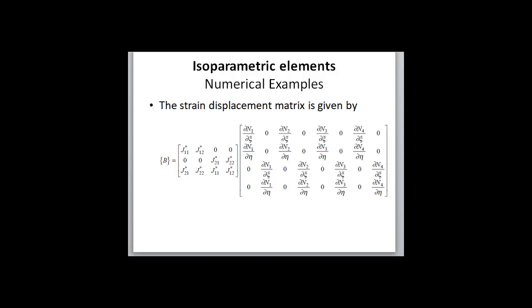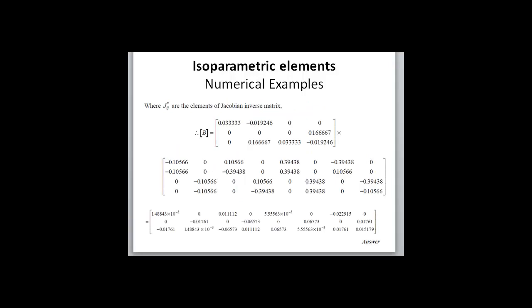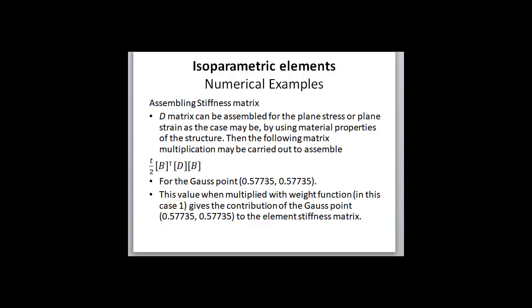Then the strain displacement matrix is given in terms of J11, J12, 0, 0, 0, 0, J21, J22, J21, J22, J11 and J12. By substituting the values of the shape function, the strain displacement matrix can be found along with the inverse Jacobian matrix.